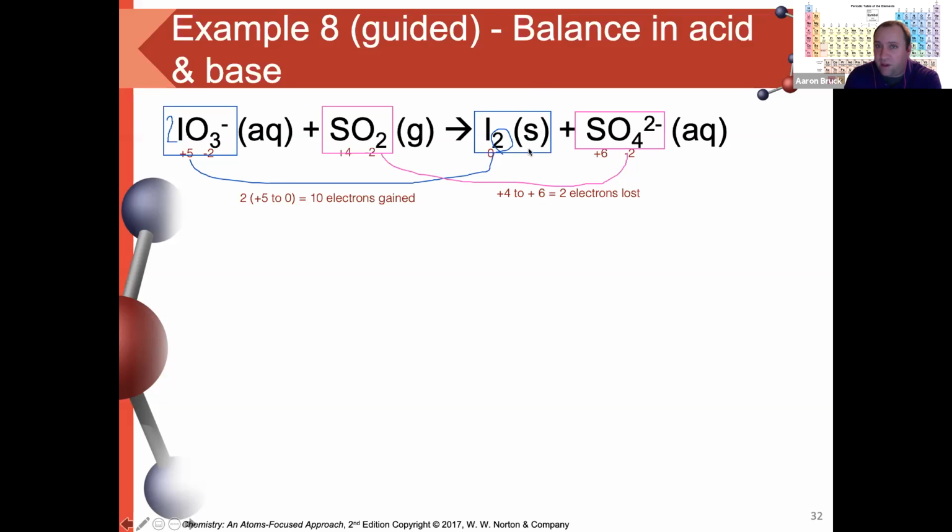So what has to happen is that the sulfur reaction has to occur 5 times to give us those 10 electrons lost overall. And so we need to put a couple of 5s in here around the sulfur-containing substances to give us 5 sulfurs to react and lose the total of 10 electrons.